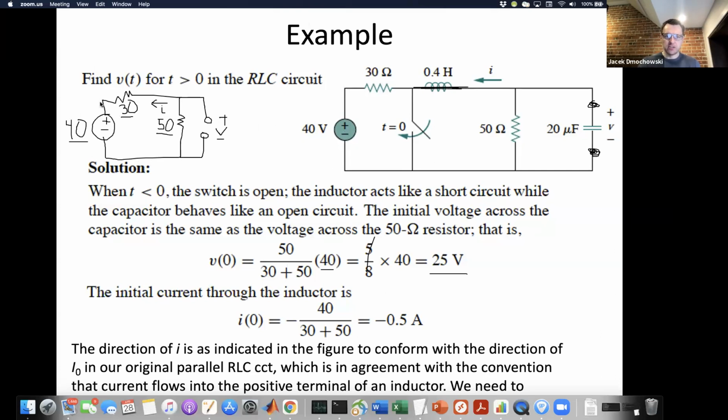Because this is the positive end of the voltage, this is the negative end. So we know there's 40 volts divided by 80 ohms flowing clockwise. So when defined counterclockwise, there's going to be negative half an amp flowing through the short circuited inductor. Okay, so hopefully everyone understands how we got an initial capacitor voltage of 25 and an initial inductor current of negative 0.5.